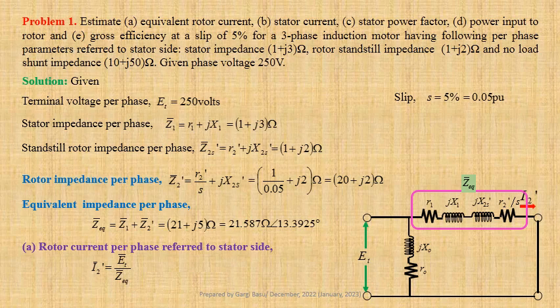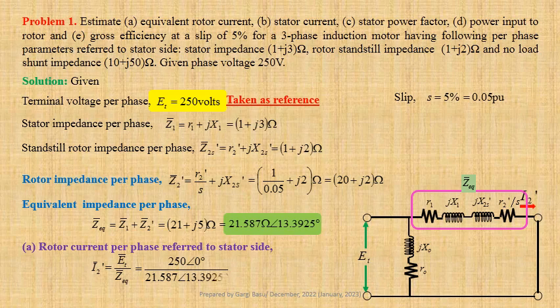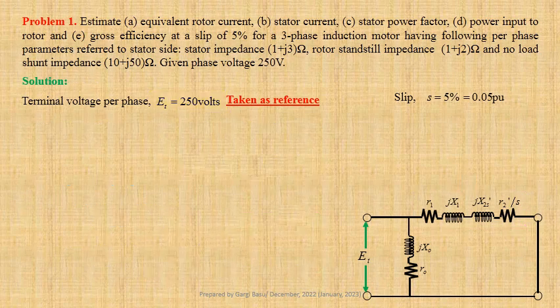Taking terminal voltage per phase ET as reference, we get I2 dash equals 250 at an angle 0 degree divided by 21.587 at an angle 13.3925 degree. That is equal to 11.581 ampere at an angle minus 13.3925 degree.